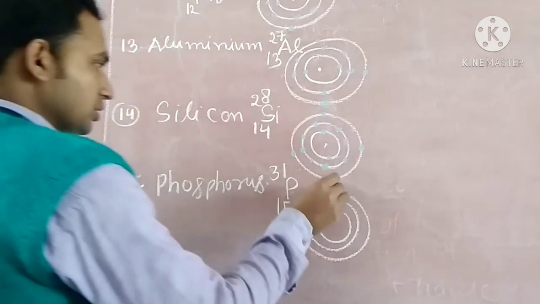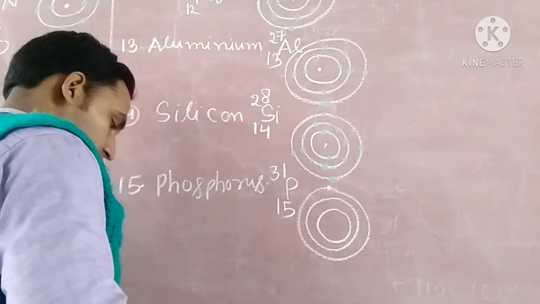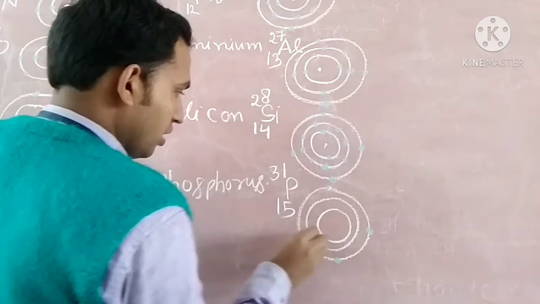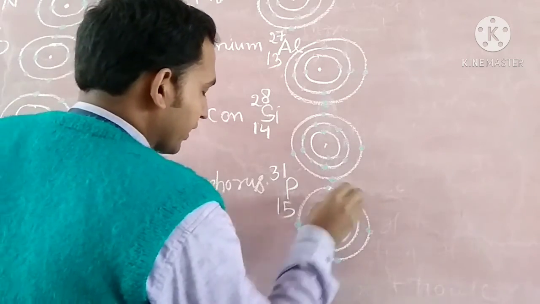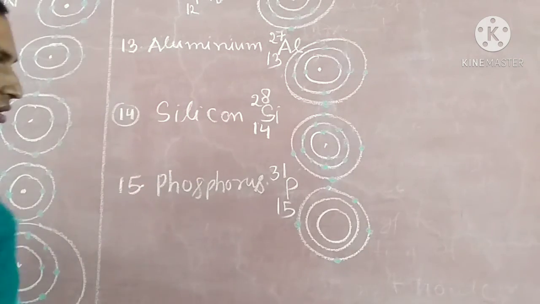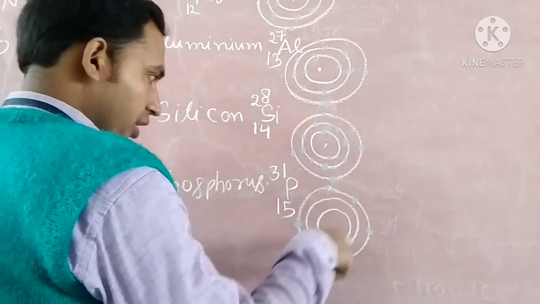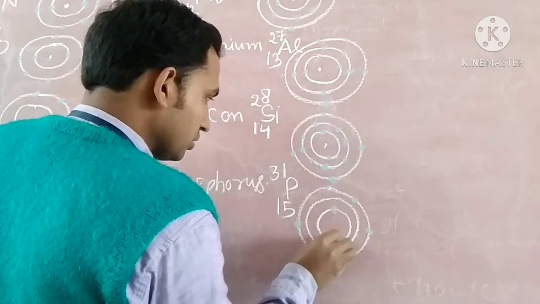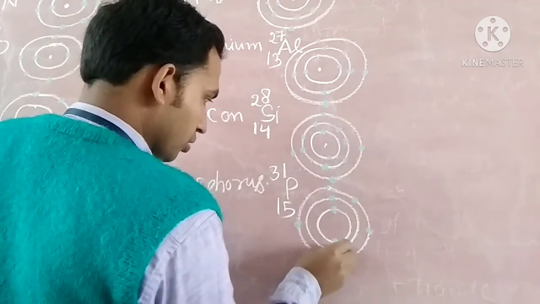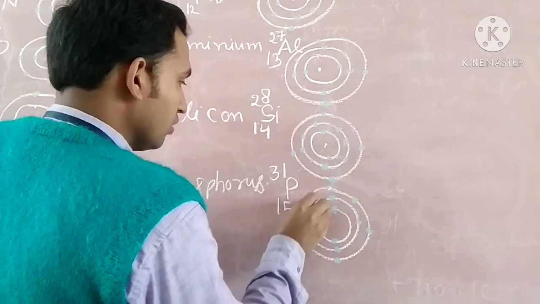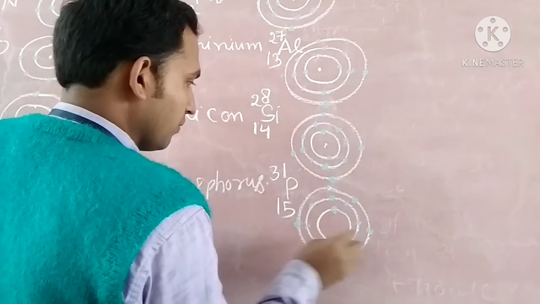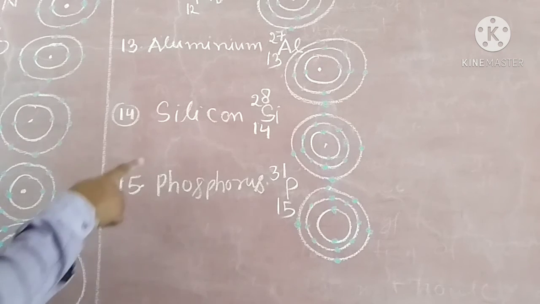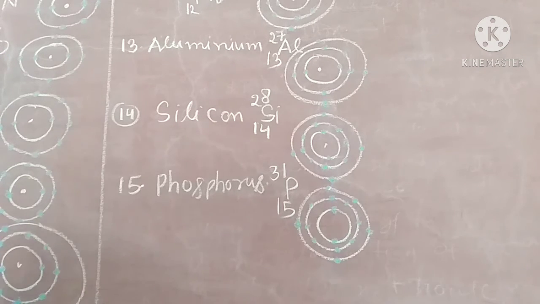The third cell has how many electrons? 1, 2, 3, 4, 5 electrons. Okay, students, and the remaining 2 electrons here, also 8 electrons. You put 2 electrons, 1, 2, 3, 4, 5, 6, 7, 8. Similarly, you can go up to 20.